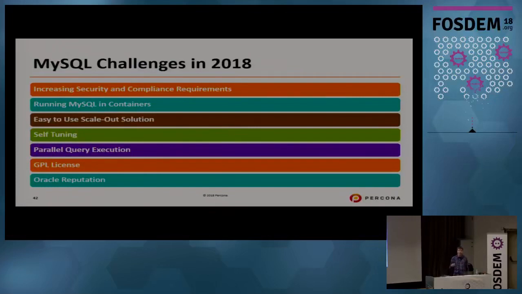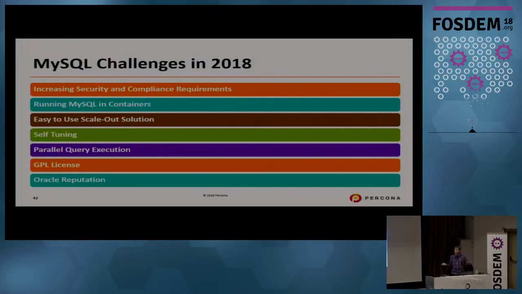And I think in general, running databases with strong persistence requirements is still evolving right now. We still don't have an easy-to-use scale-out solution. Sharded MySQL is as much a pain now as it was 10 years ago.